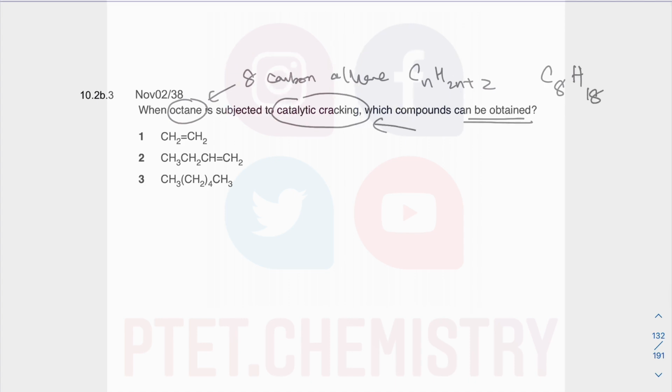So cracking is to do with breaking long chain hydrocarbons. Okay, so the definition, right? Break long chain hydrocarbons into smaller chains, or you try to branch it out. So straight away, if we just count the number of carbons, there's 1 carbon and 2 carbon. So 2 carbon. There's 1, 2, 3, and 4.